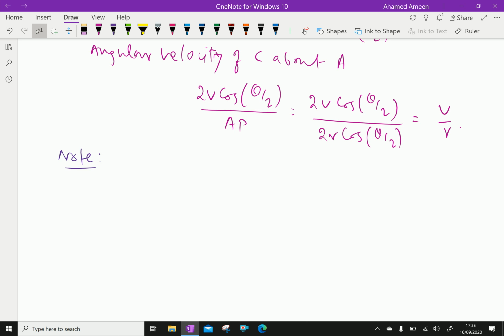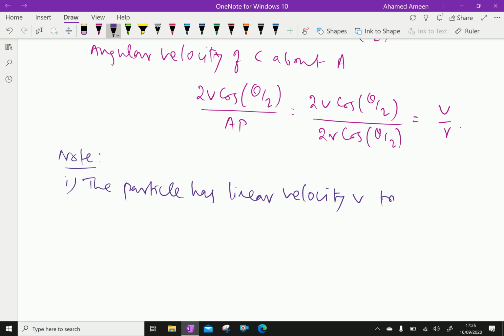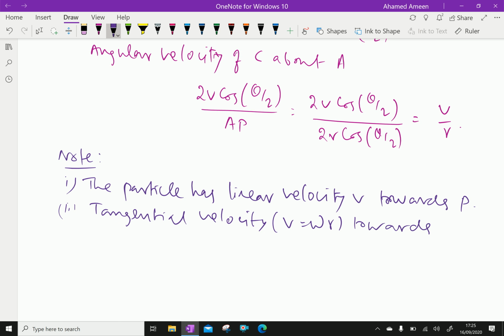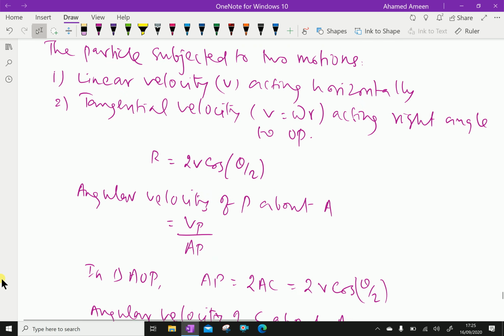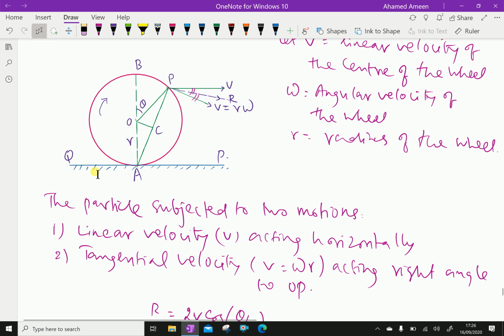The particle A has linear velocity v towards P, and tangential velocity, that is v equal to omega R, towards Q.